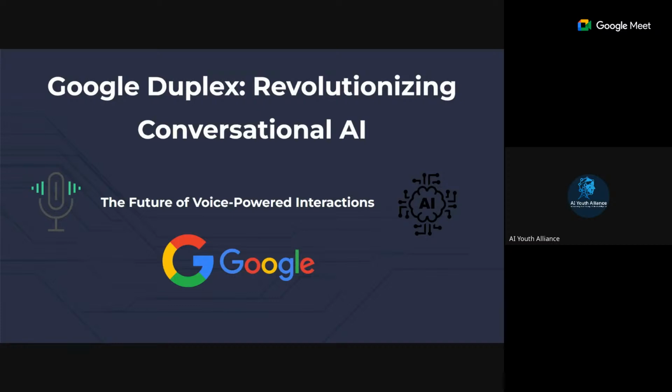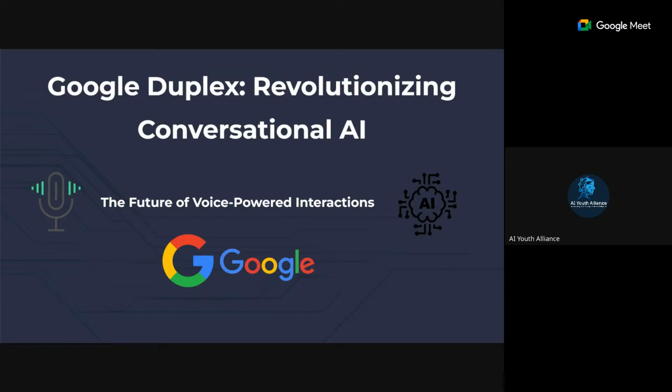The AI Youth Alliance is dedicated to empowering young minds with the tools, skills, and opportunities to explore the limitless possibilities of artificial intelligence. We believe that collaborations and education are key to shaping a brighter technological future.